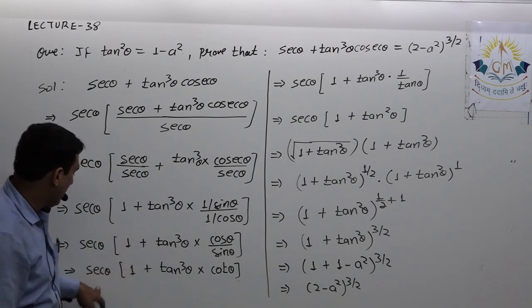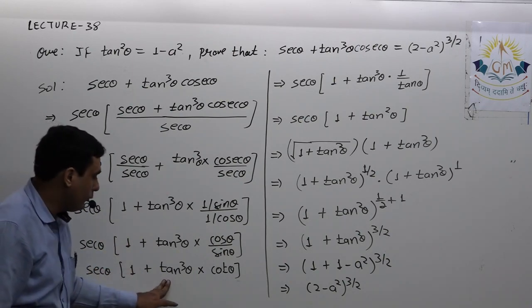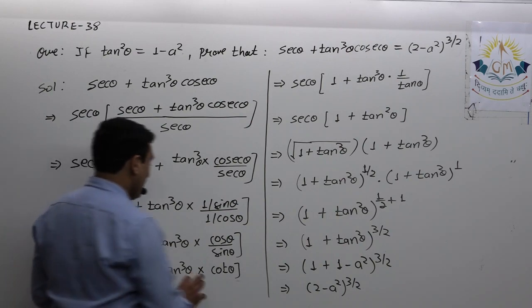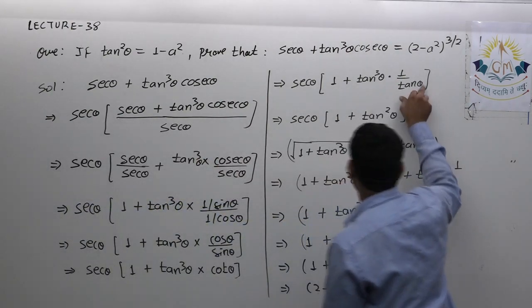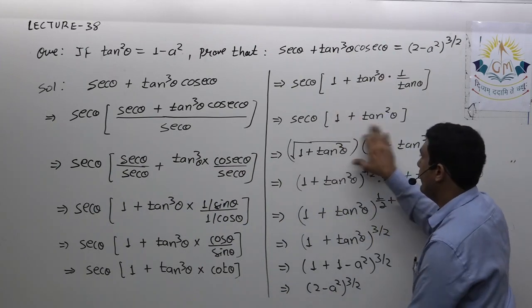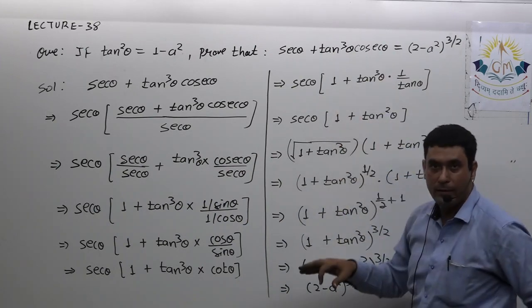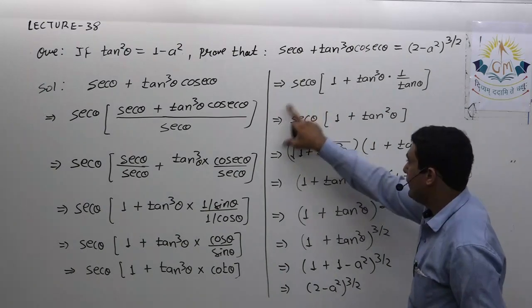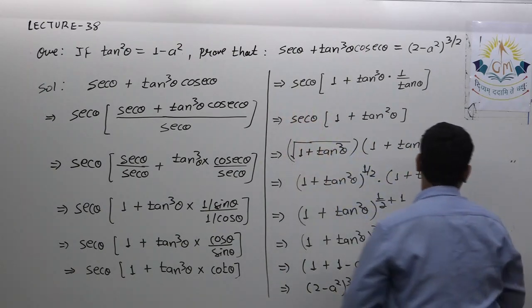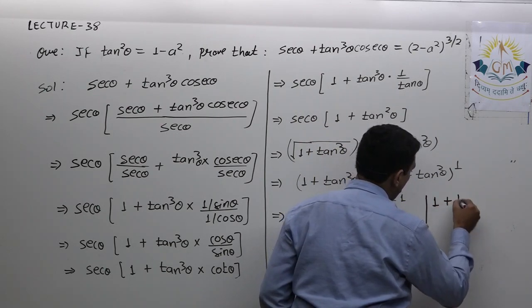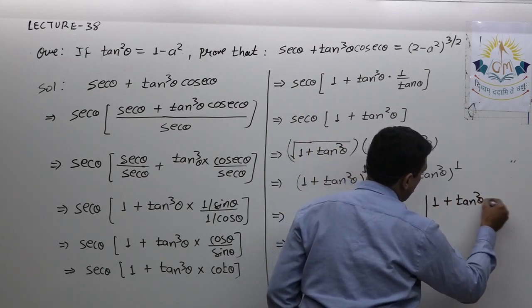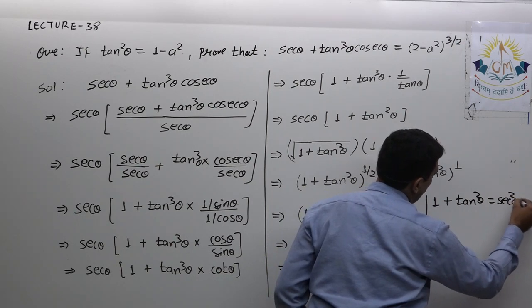Now I have sec theta multiplied by 1 plus tan cube theta cot theta. Now I replace this cot theta by 1 upon tan theta. So this tan and tan will cancel out, and here I got 1 plus tan square theta. Now I replace this sec theta in terms of tan by using this identity. The identity is 1 plus tan square theta is equal to sec square theta.